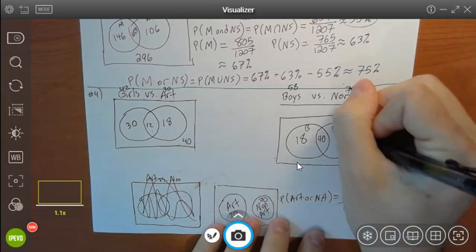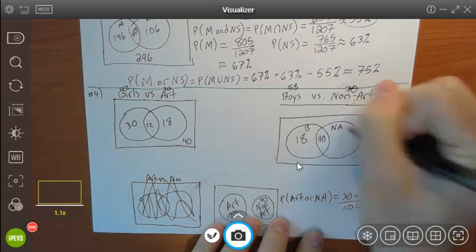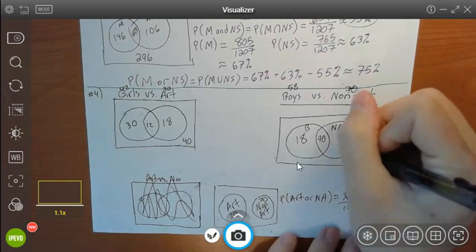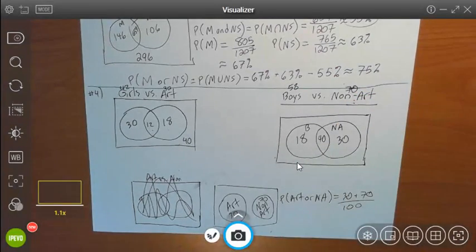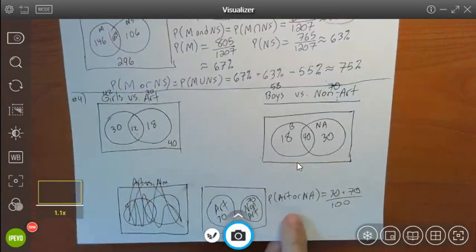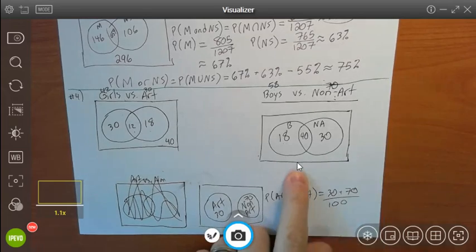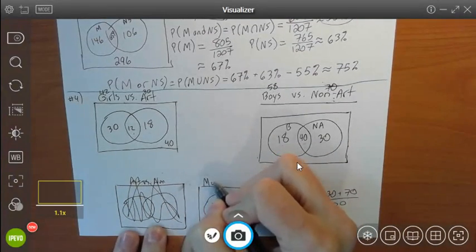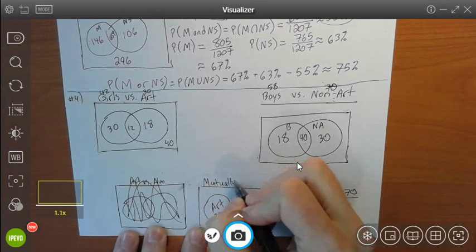And if we have non-art, that means there's 70 total, meaning there's 30 left over. So if we wanted to find some probability answers from that Venn diagram we just made, remember this is mutually inclusive, they have some overlap. The one down here was mutually exclusive, since there was no overlap.